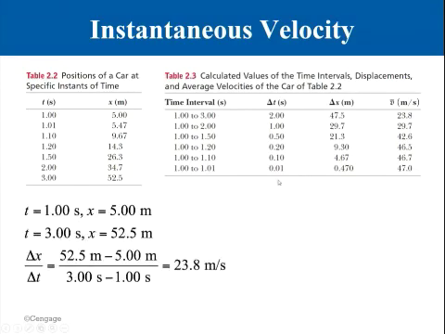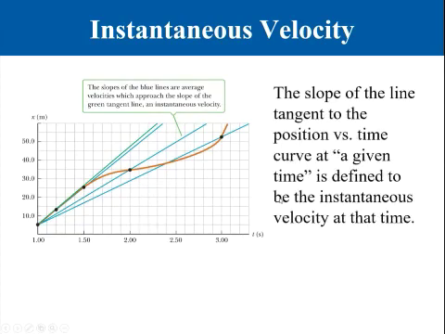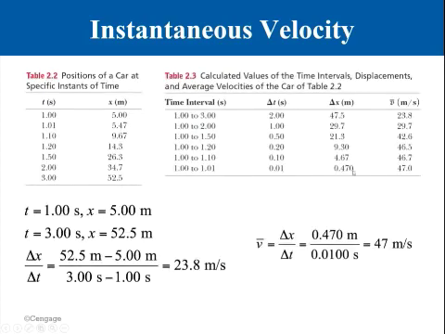Okay, for example, here, this is for the average velocity. While for the instantaneous velocity, you take the slope. So if I want to go here, for example, if you take from 1 to 1.01, this is an infinitesimal change in time. The position changed by 0.47, divide that by the change in time, which was very small, 0.01.